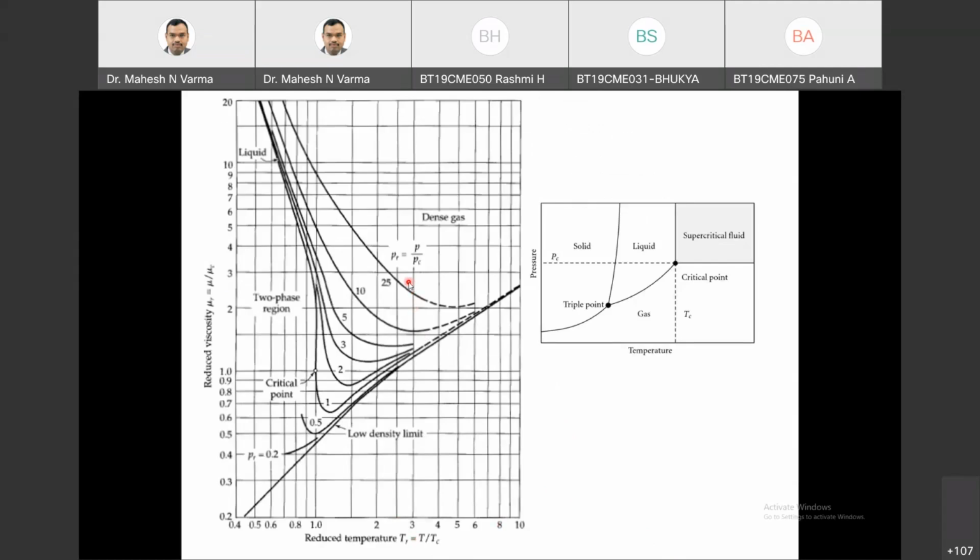This is 25, this is 10, 25, and you can extrapolate this. Somewhere here you will get. So if I extrapolate, it will be 2.39, and this is a logarithmic scale.